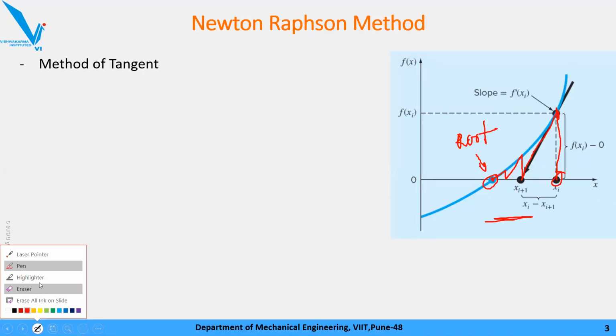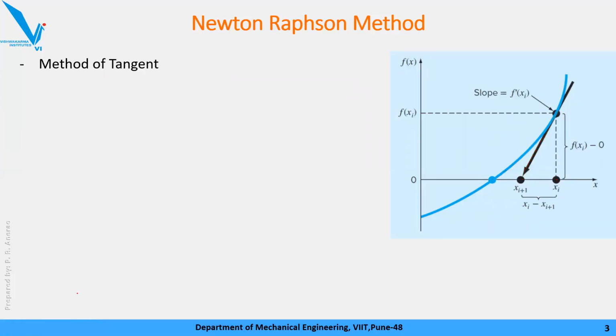So how can we satisfy this process mathematically? I'll elaborate on this. Start with an initial guess x1, then calculate the y1 value. Now this is the mathematical procedure; graphically you already know how it works. So you will calculate the y1 value based on f of x1.